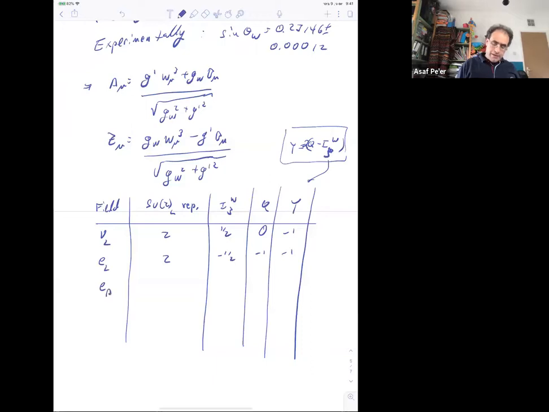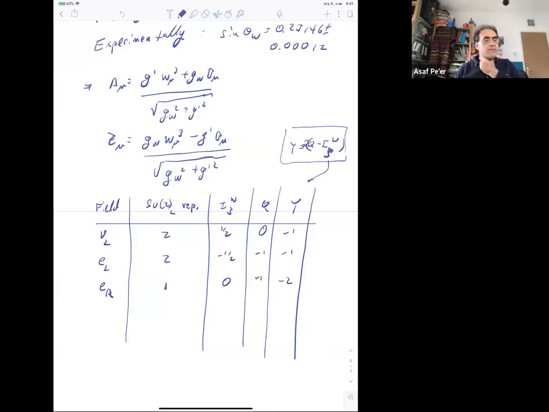For the right-handed electron, I'm just skipping the right-handed neutrinos because we don't need them in the framework of the standard model. So they're not part of the representation, so they're singlet of the SU2 representation. And because they're singlet, they're not interacting with the weak isospin. So I3 is 0. Charge, of course, is -1, and the Y is -2.